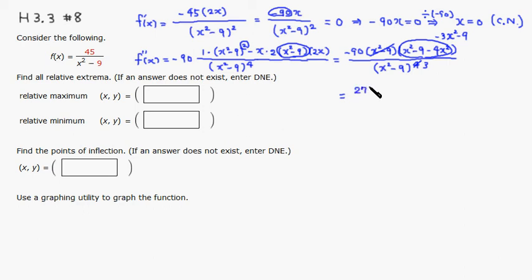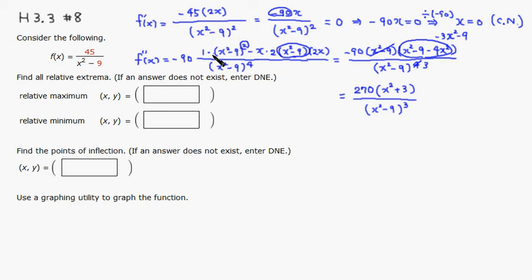Then what's left is x squared plus 3, because 3 is factored out from there. Then on the bottom, you still have quantity x squared minus 9 to the third power. So that's the second derivative.